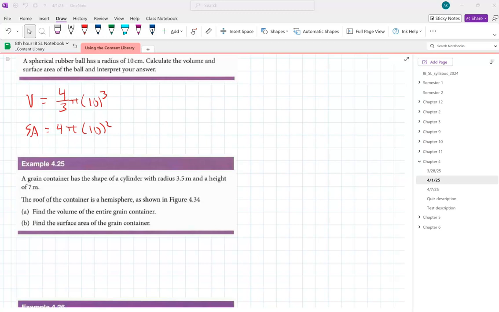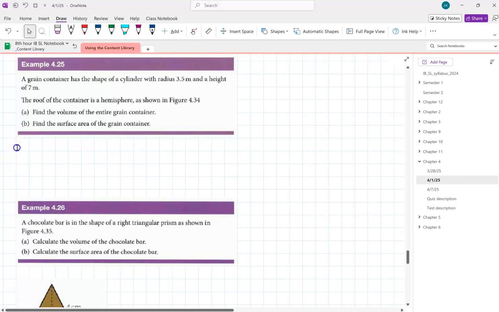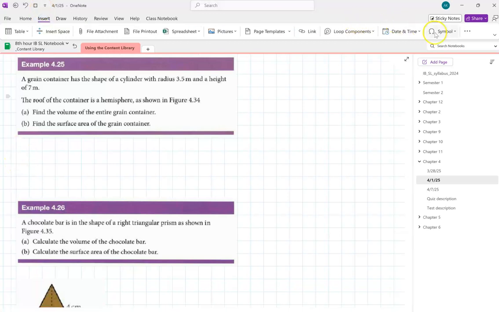Do you guys get what we're describing here? A cylinder with a hemisphere stuck on top of it? Yeah, I think so. You guys have been driving in the country and seen a silo on a farm. That's kind of what we're talking about.